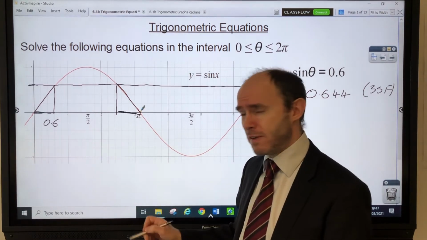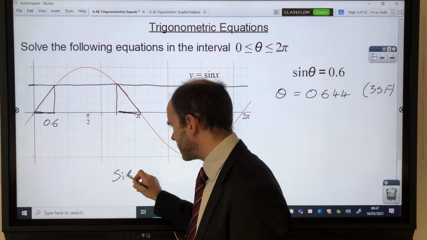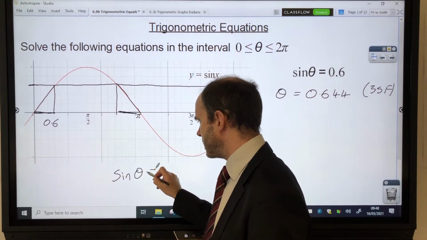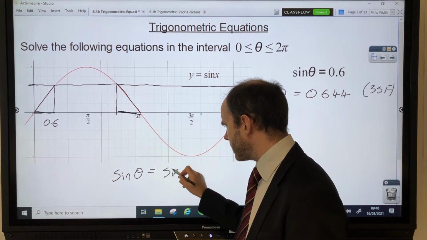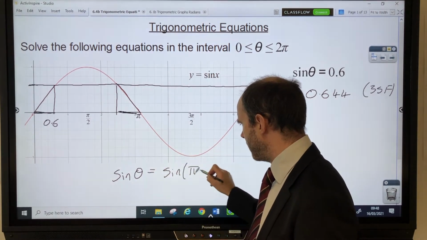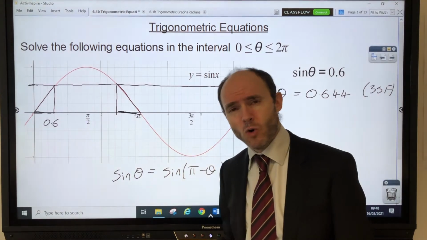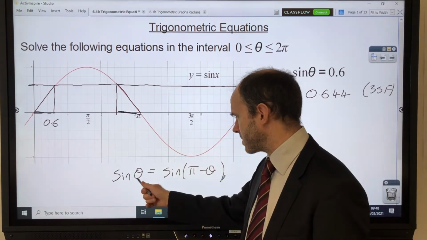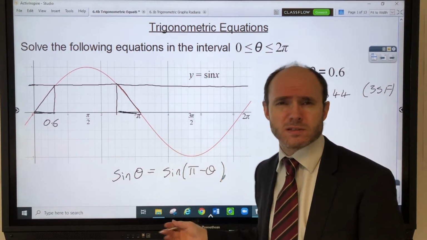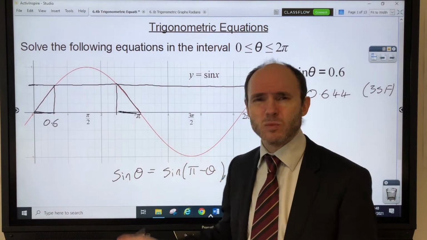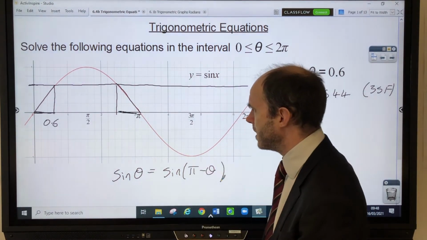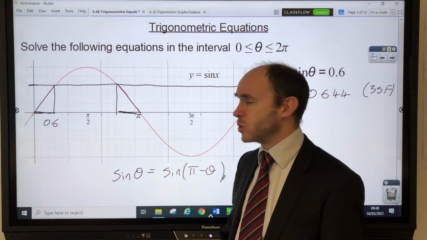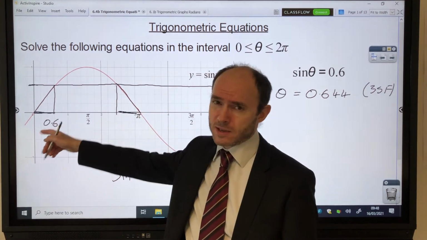You may have come across this rule before, that sine theta is the same as sine of pi minus theta. Or if not, you've seen it in degrees: sine x is equal to sine of 180 degrees minus x. I'm just using theta; we can interchange between theta and x. Bottom line is you do pi subtract that to get your second answer.